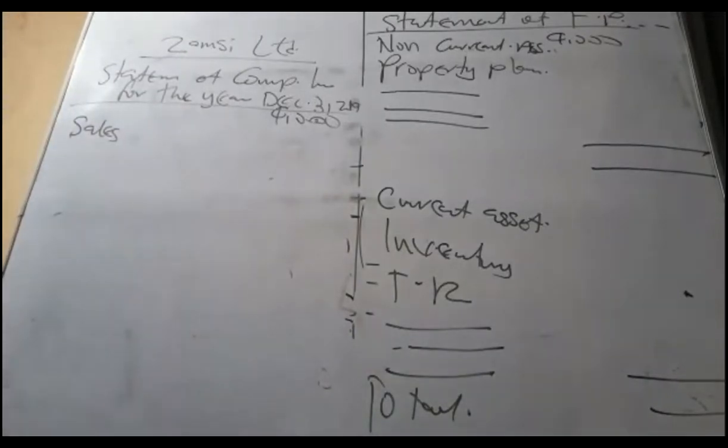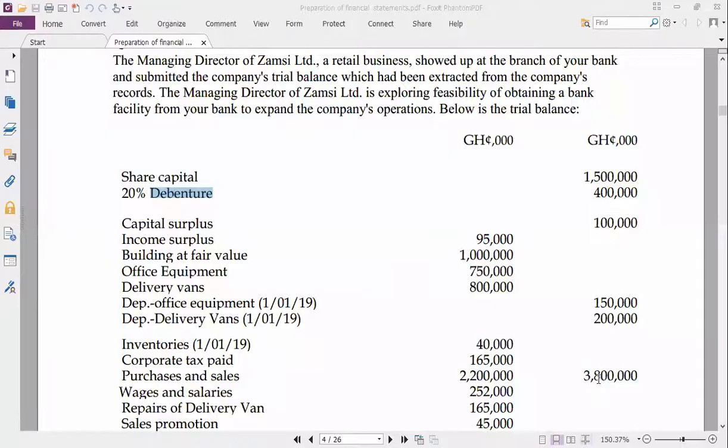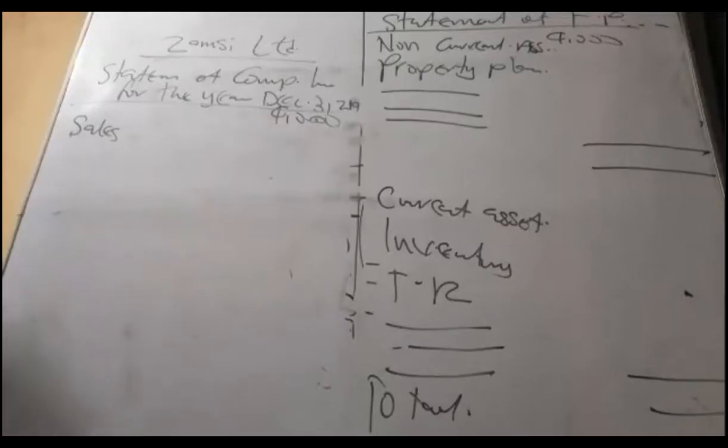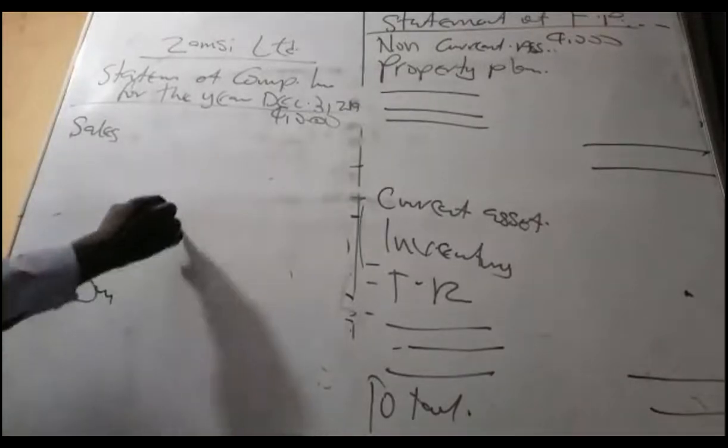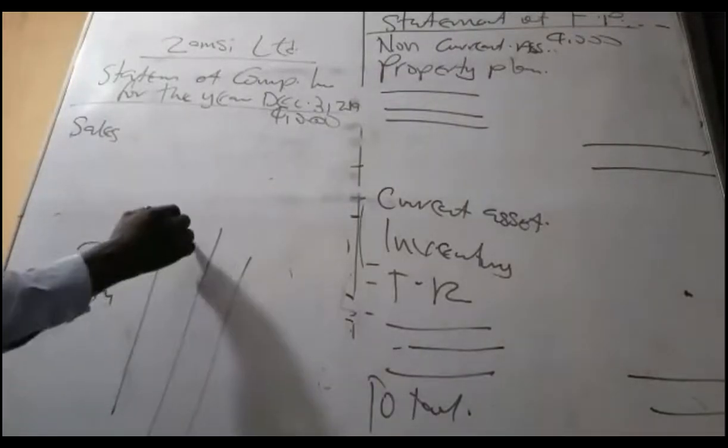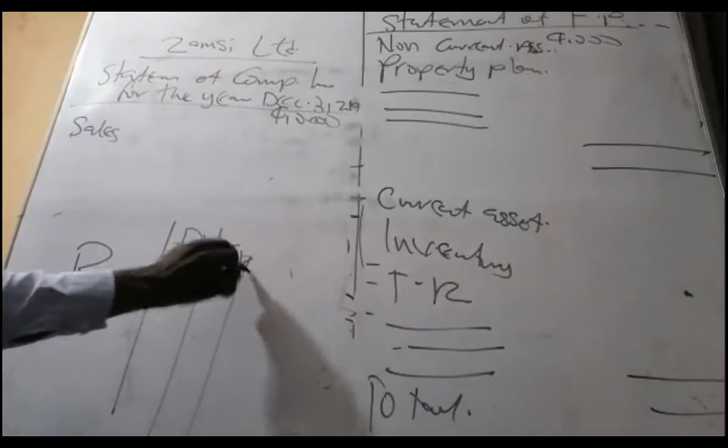So let's go and pick the sales from the question. So the sales figure is what? 3.8 million. When they do it this way, the very first one is for purchases, the second one is for sales. What if it is asset? Maybe a written building here, and then both debit and credit, there's a figure there.